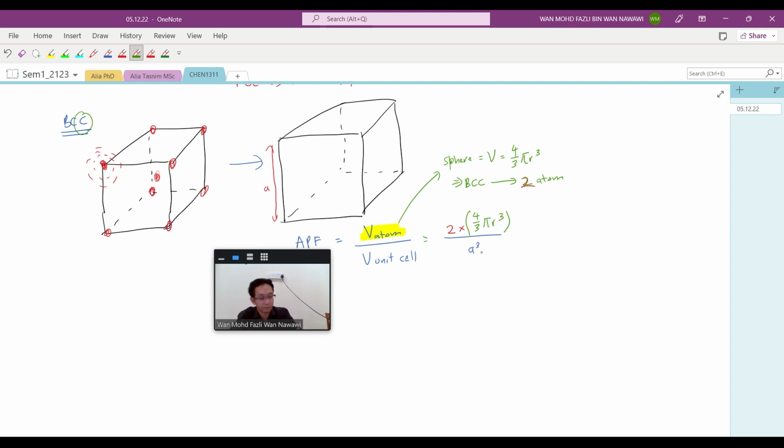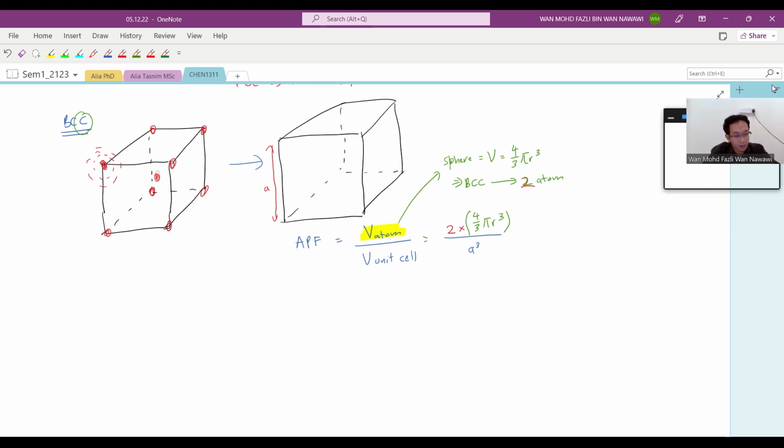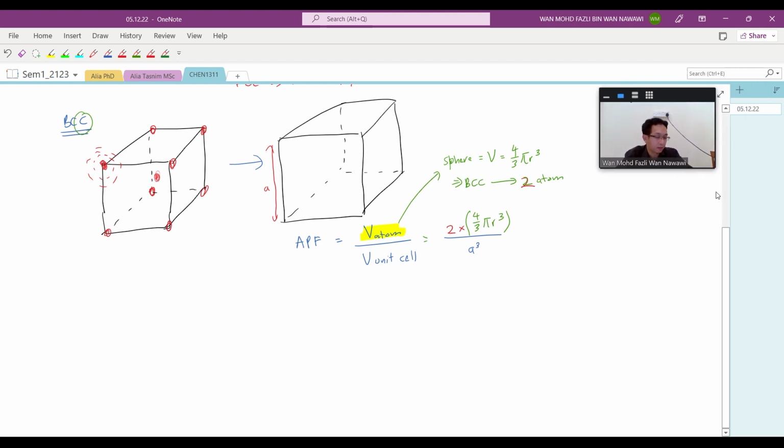The thing is, when you do this, you cannot cancel out R and A. The problem is that you have R and also A. In order to get the value in terms of numbers, you need to make sure R correlates with A, because at the end you have something R over A, which is not a number.